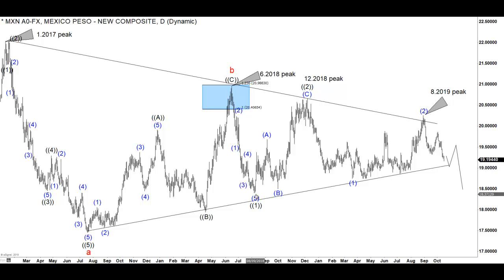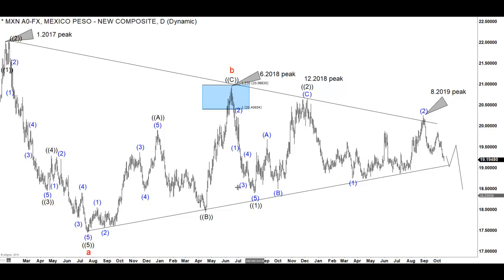Elliott Wave Theory was developed in the 1930s, and at Elliott Wave Forecast we have the open mind to understand that the market now, in 2019, is not the same market we had in the 1930s.